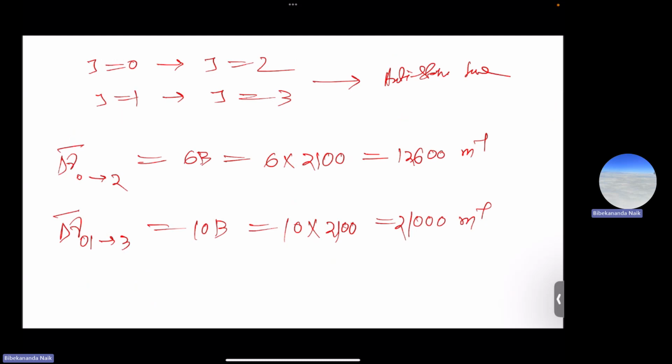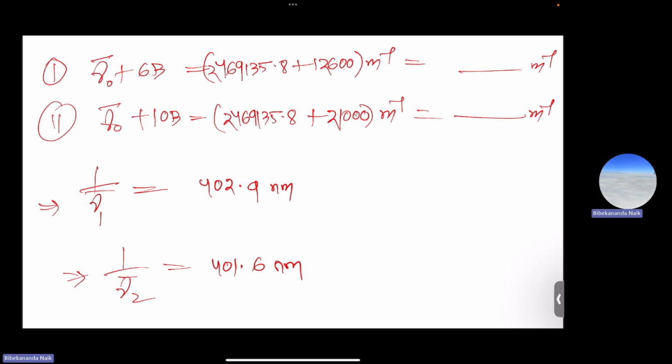They are placed at a distance of 12,600 or 21,000 meter inverse in wave number, but in terms of wavelength it is only a 1.3 nanometer separation.